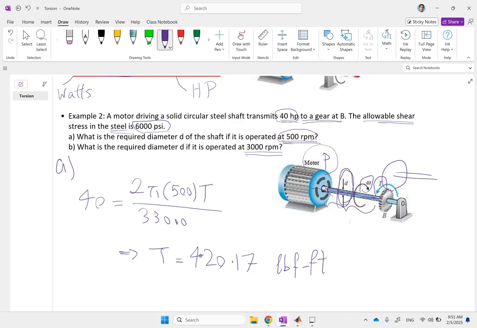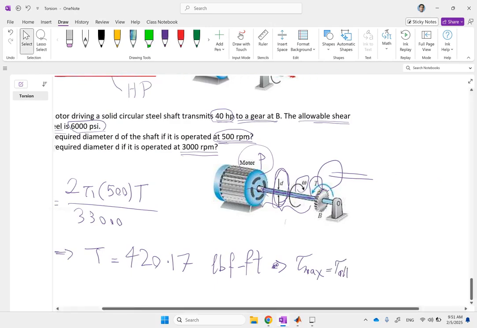Okay? Now this torque is equal to what? If that is your torque, you can calculate your maximum shear stress, tau max, which in this case is the same as tau allowed.